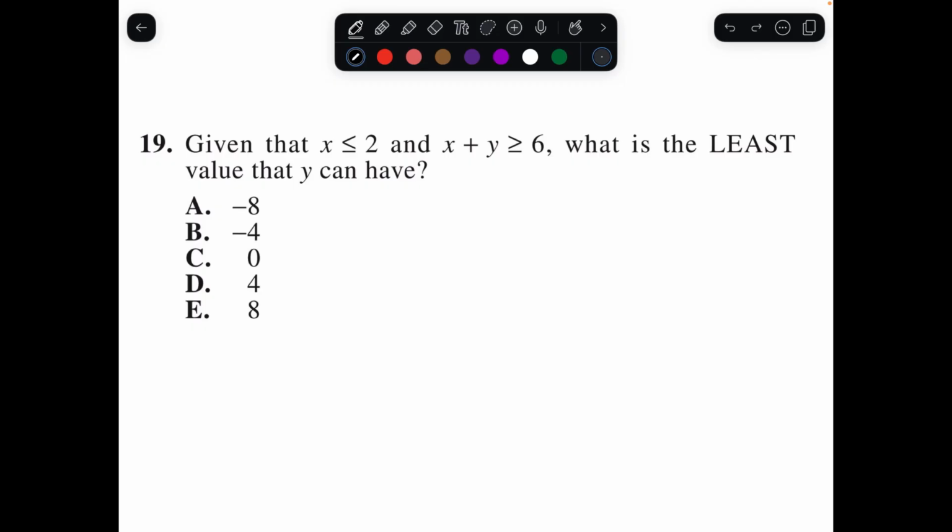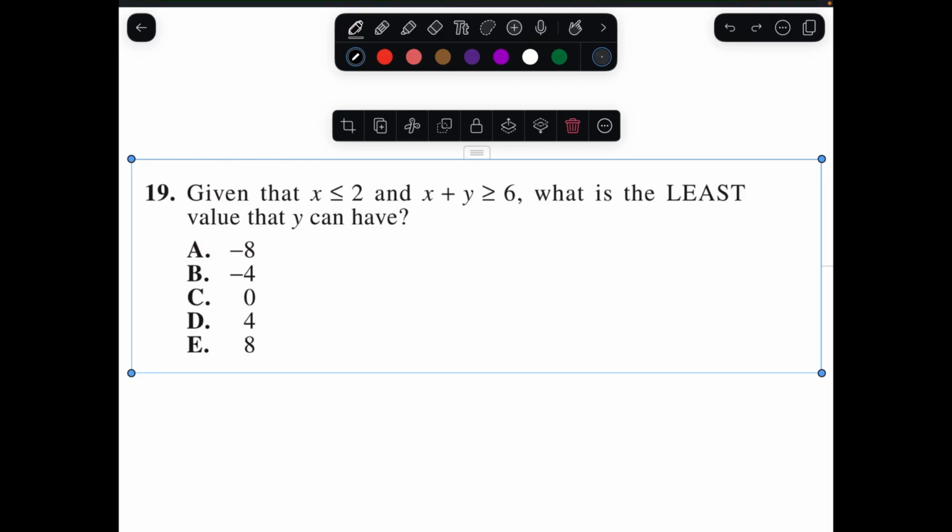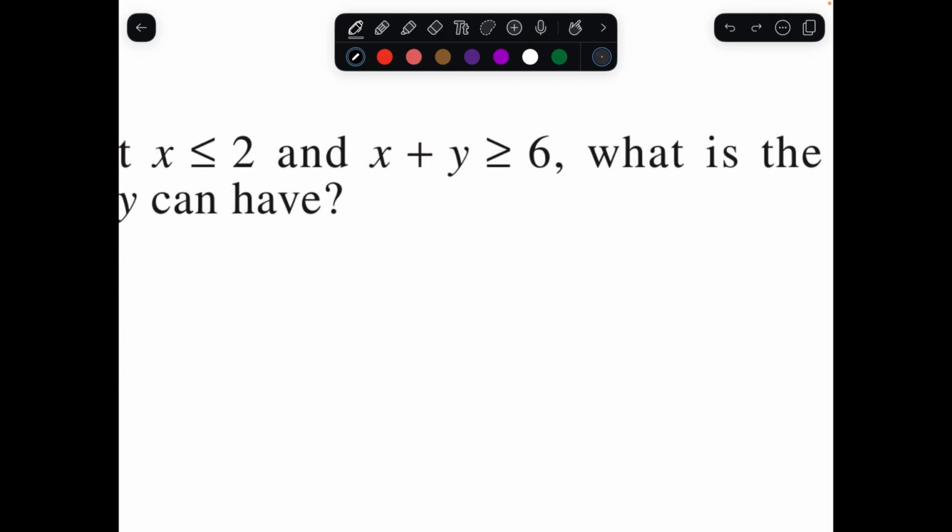Question 19 says, given that x is less than or equal to 2 and x plus y is greater than or equal to 6, what is the least value that y can have? So for this question, what I would do first is get y by itself. To do that, you just subtract x, take it to the other side.